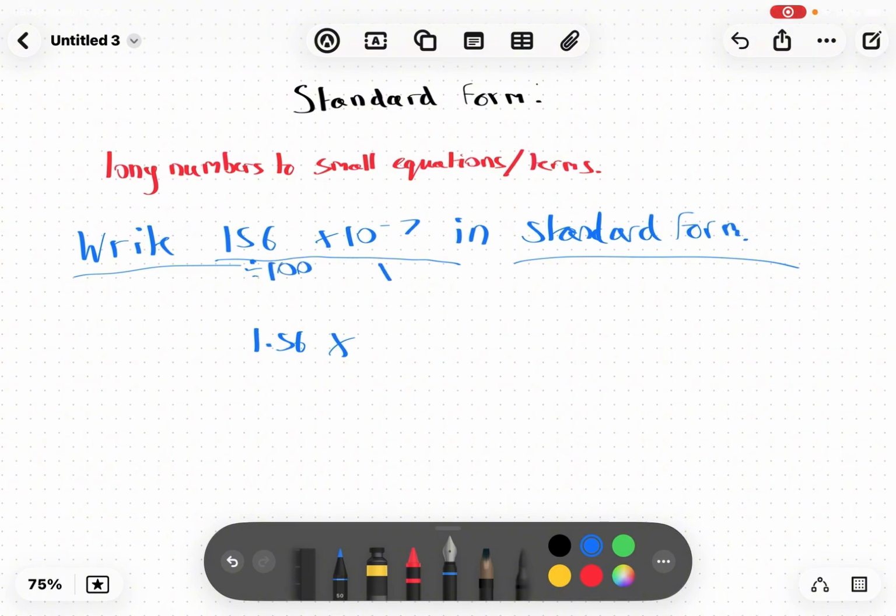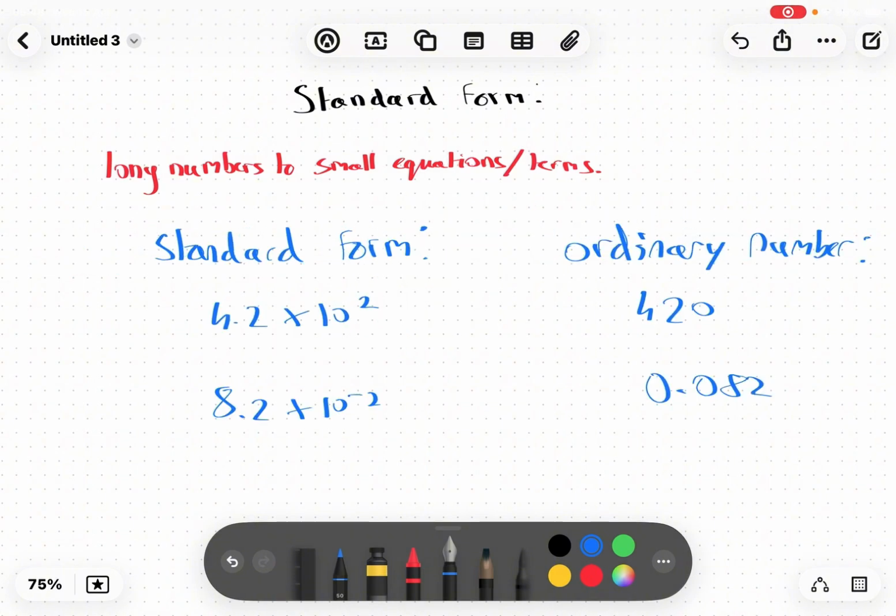So it means we have to times this by 100. And 100 is 2 tens times by each other. So let's just think of it as a 2. We have to add the 2 to this minus 7. So minus 7 plus 2 equals minus 5. So 10 to the power of minus 5.